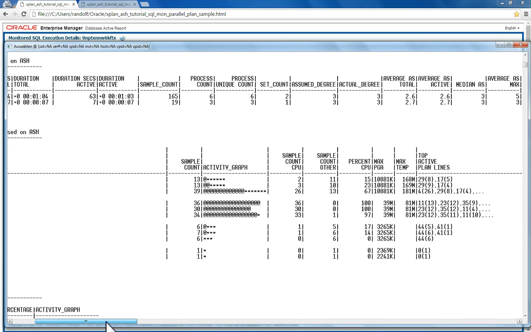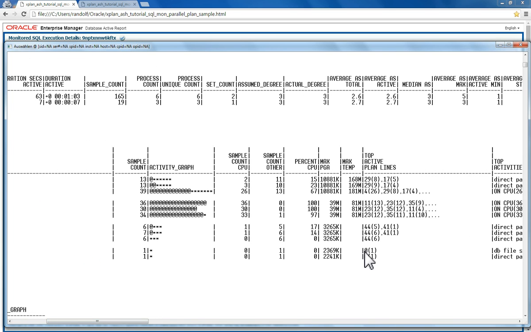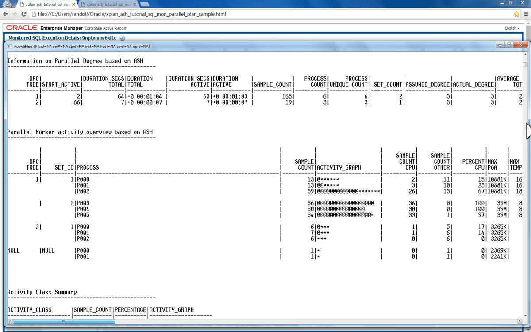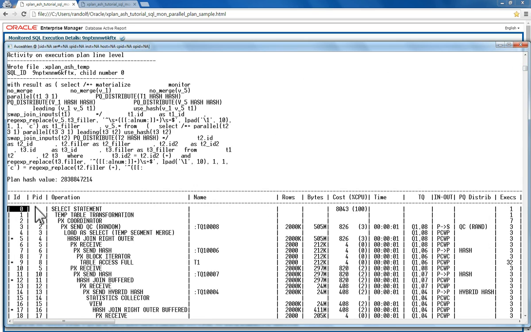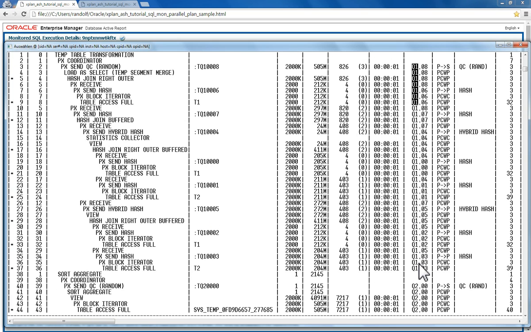We can confirm this by looking at the top active plan lines. The top active plan line is 0 here, and if we look into the execution plan, line 0 is this root node of the execution plan. And this root node is not related to any DFO tree. The DFO trees start only below, DFO tree 1 and 2 in this case.